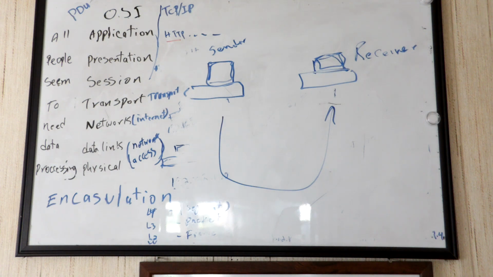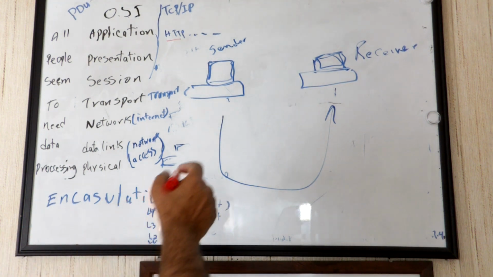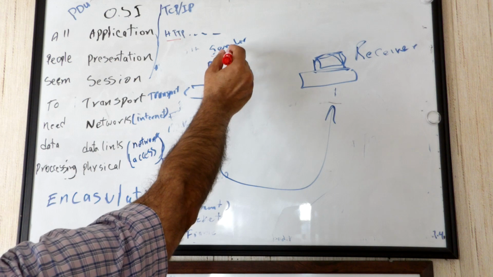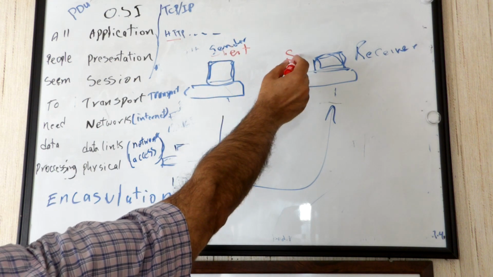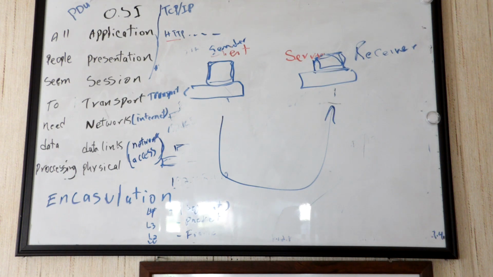What it does is pass information to each other, for example, this is the client and this is the server, and it provides an interface between software running in a computer and a network. That is the application layer.